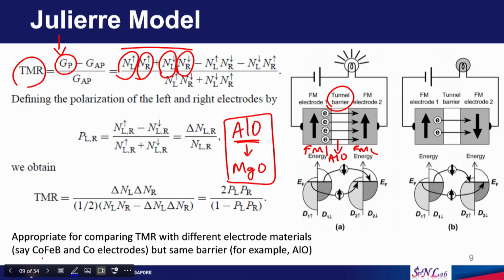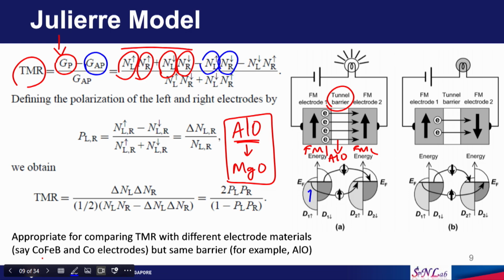Then there is tunneling of electrons when the two magnetizations are anti-parallel. That is given by these two terms.